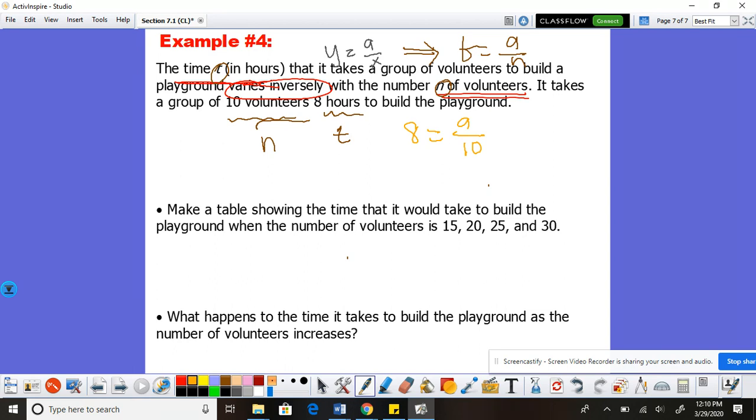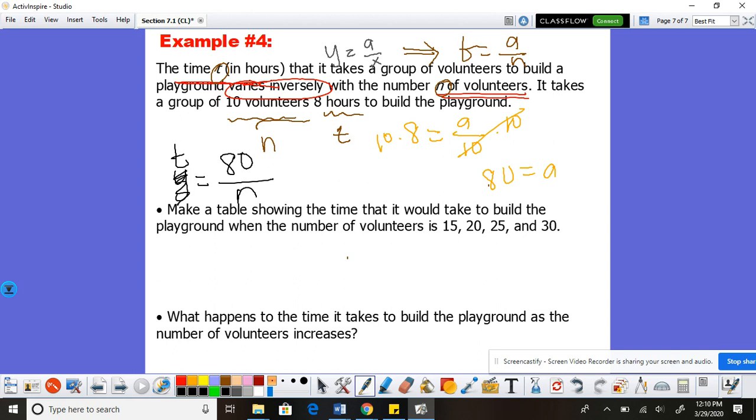I want to solve for a. So multiply by 10 on both sides: 80 equals a. So to find the equation, t equals 80 over n.